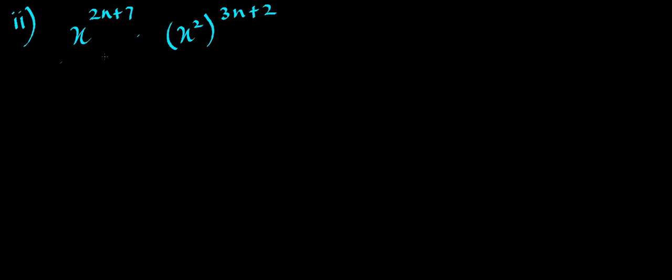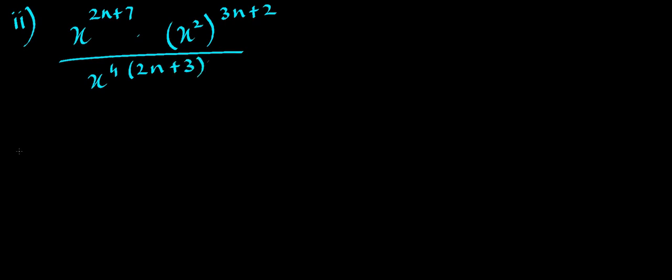Here we have, what is it? Okay, x raised to 2n plus 7 into x square raised to 3n plus 2 upon x raised to 4 into 2n plus 3.